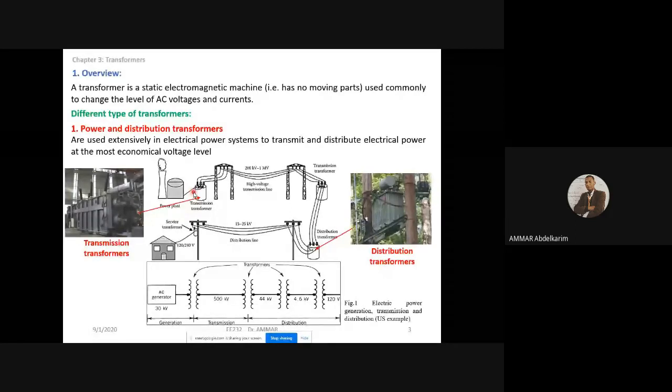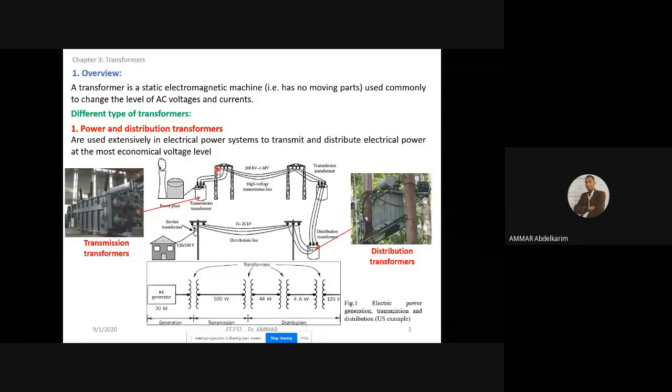I told you before, this is for economical reasons. When we raise the level of the voltage using what we call transmission transformers, the current gets decreased. And when we decrease the current, the cross section of the cables used for transmitting the energy gets reduced also. So this is for economical reasons.